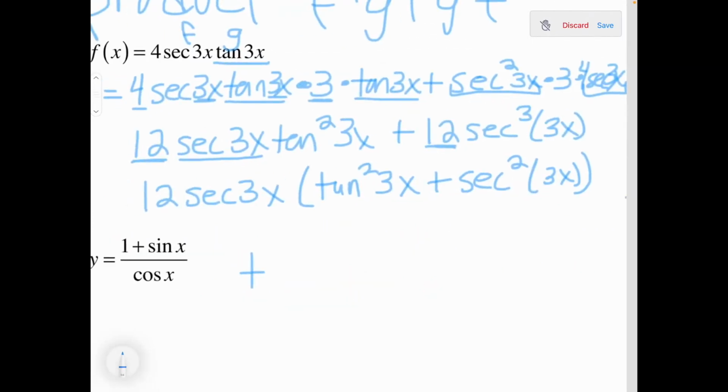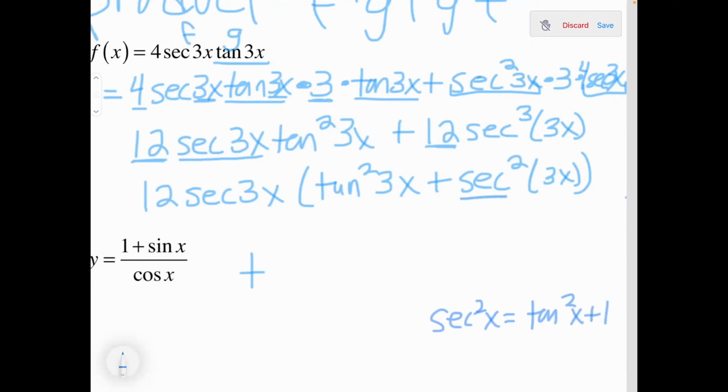All right, there's a variation of the Pythagorean theorem here. I can show you where that comes from. That variation says that secant squared x is equal to tangent squared x plus 1.